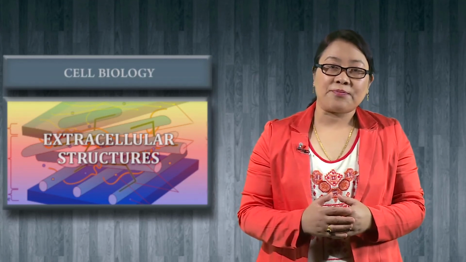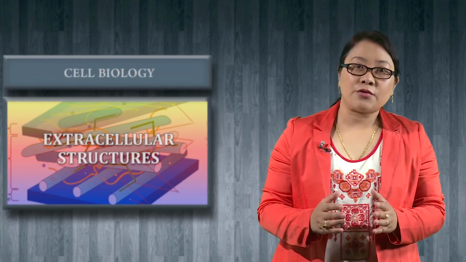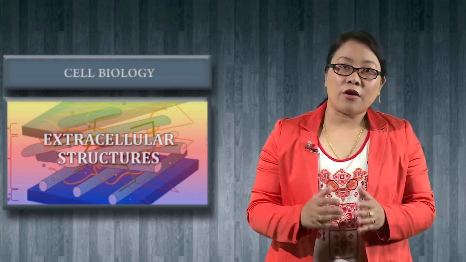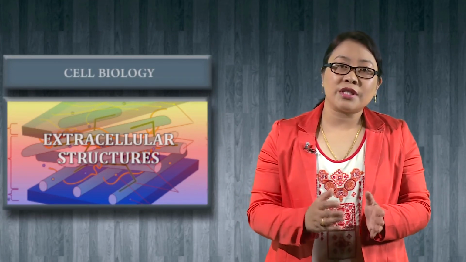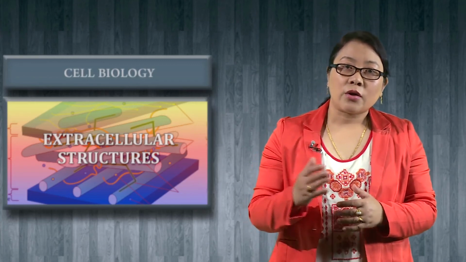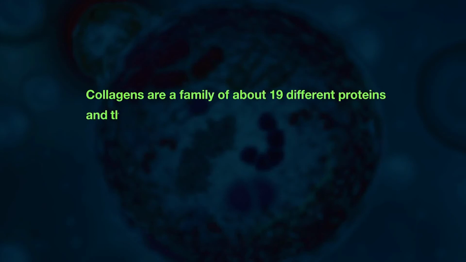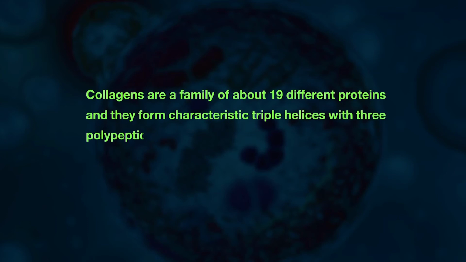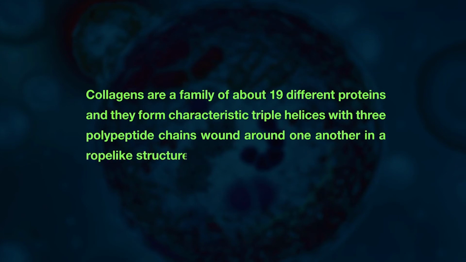The extracellular matrix is composed mainly of long fibers of the protein collagen modified with carbohydrates, called collagen fibrils. Collagens are a family of about 19 different proteins and they form characteristic triple helices with 3 polypeptide chains wound around one another in a rope-like structure.